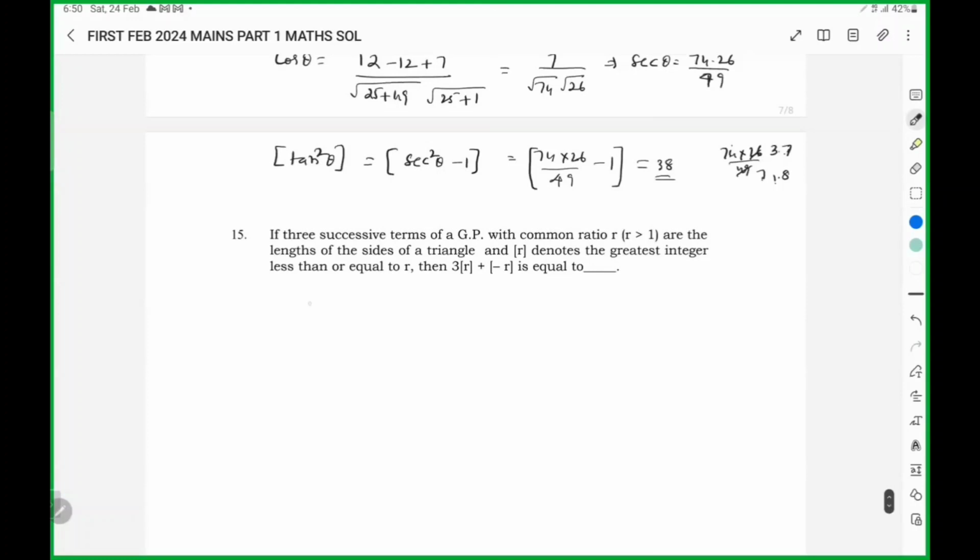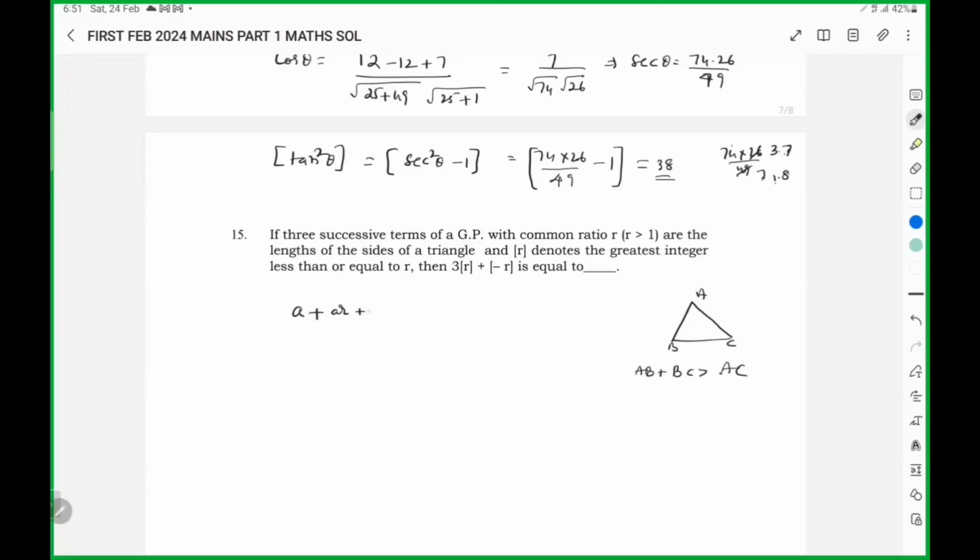3 successive terms of a GP with common ratio r are the lengths of the sides of a triangle. If 3 different lengths determine a triangle, the sum of 2 sides is more than the third side.